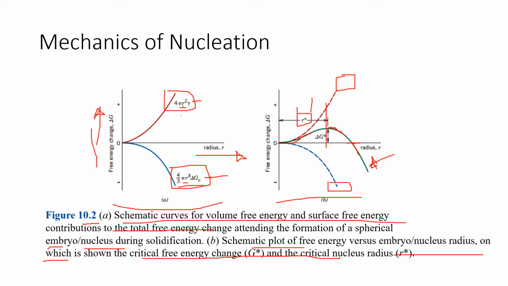A subcritical particle is an embryo, whereas a particle of radius greater than r star is termed a nucleus. Less than r star is embryo, greater than r star is nucleus. A critical free energy delta G star, shown over here, occurs at the critical radius r star.